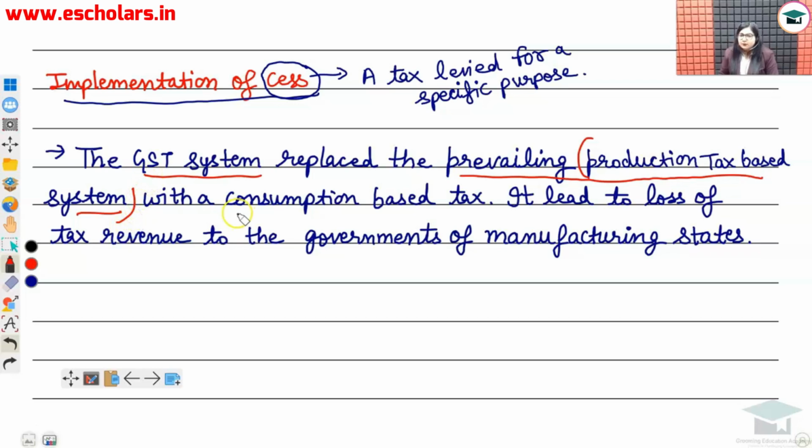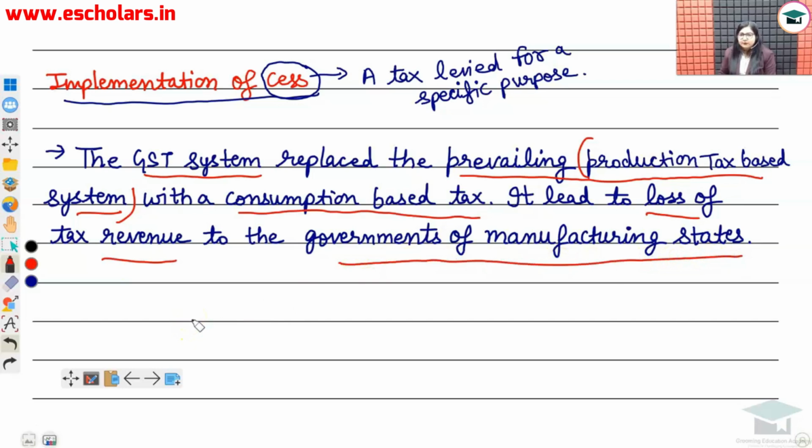But GST is basically a consumption based tax. That is, the revenue of the tax goes to the state government in which the consumption of goods and services has been done. So it has resulted in loss of tax revenue to the governments of manufacturing states.